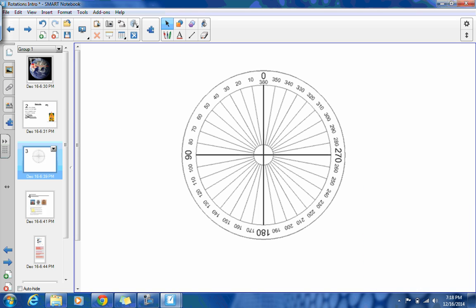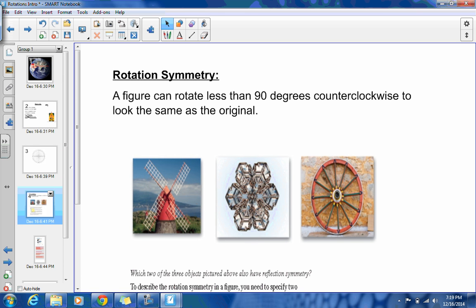So if we talk about degrees of rotation, 90 degrees would be a quarter of the way around. 180 degrees would be halfway around, or just flipped backwards. 270 would be 3/4 of the way, and back around would be 360 degrees. And we're going to be talking about degrees of rotation, so you got to get the idea of this picture memorized.